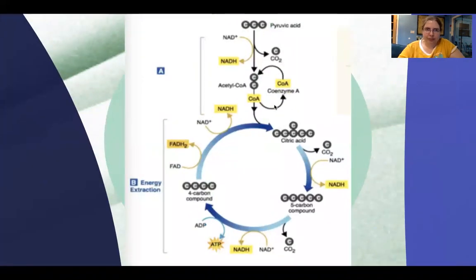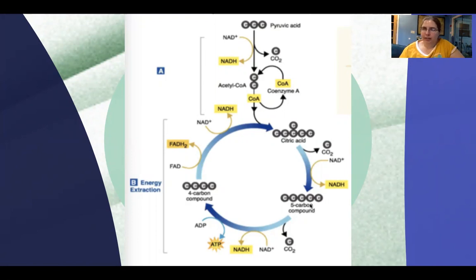So here's that picture. We have pyruvate. We break it apart to make a 2-carbon molecule. Carbon dioxide leaves. We collect the electrons. Coenzyme A helps that 2-carbon molecule to bond with a 4-carbon molecule that's already in the cycle to form this 6-carbon molecule, citric acid. We break citric acid, carbon dioxide leaves, we collect the electrons, we have a 5-carbon molecule.